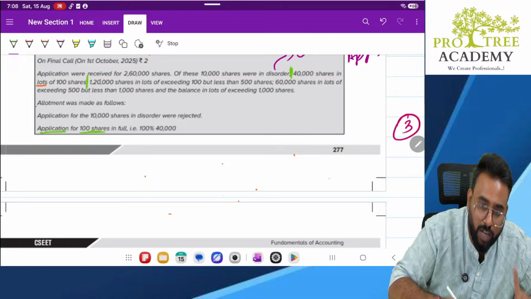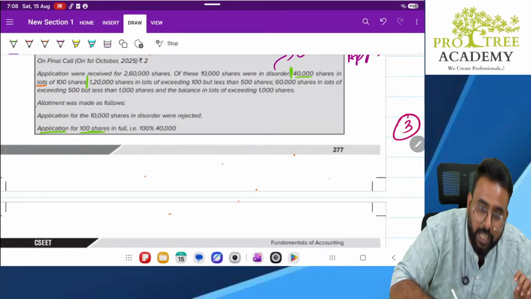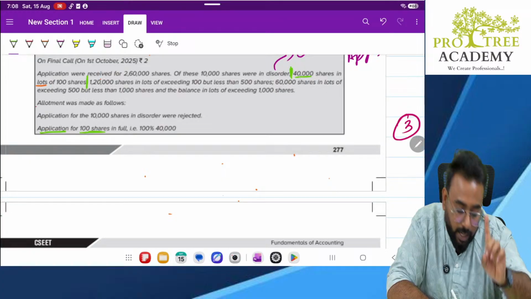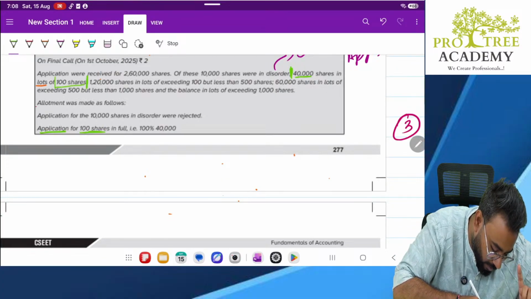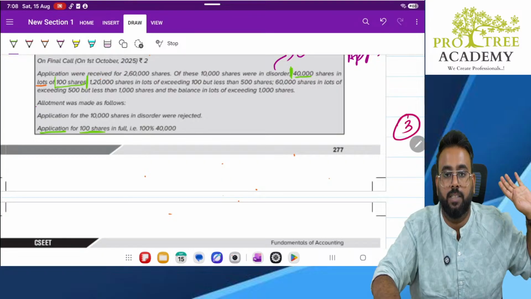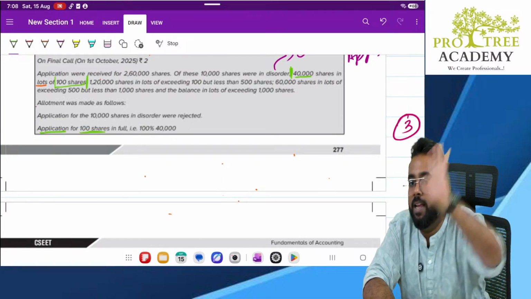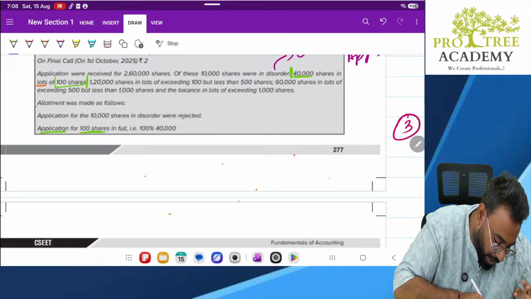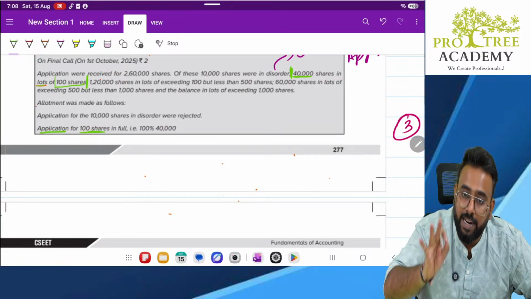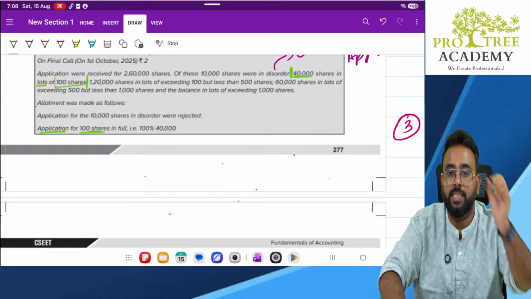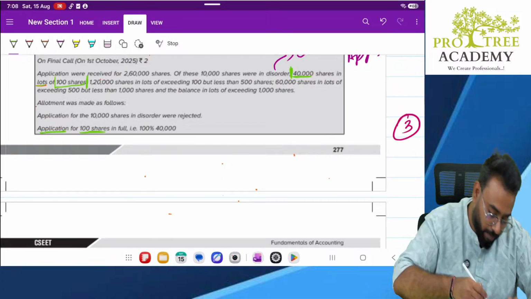They have only told you this 40,000 shares were applied in such a way that each lot is having only 100 shares. That means each application is having only 100 shares. So one lot contains 100 shares. So that means what?